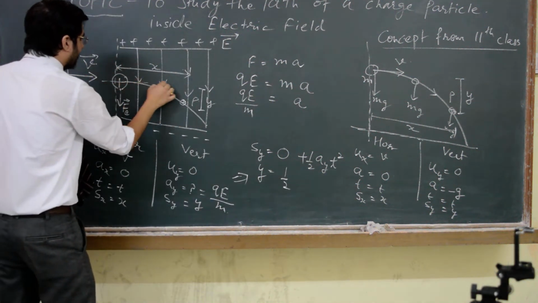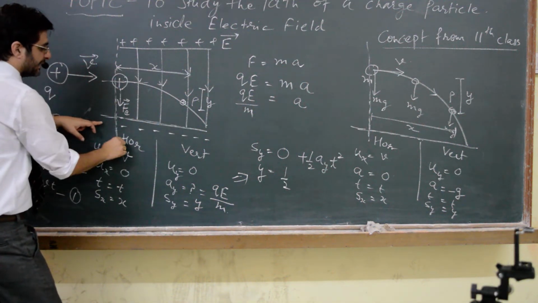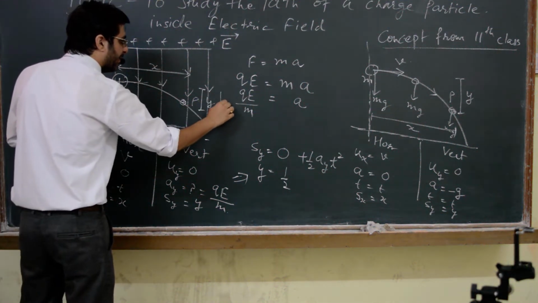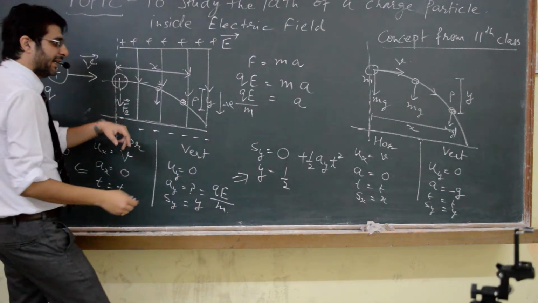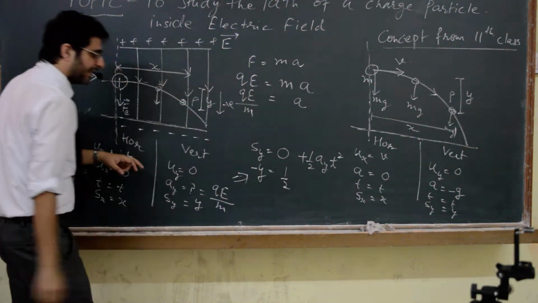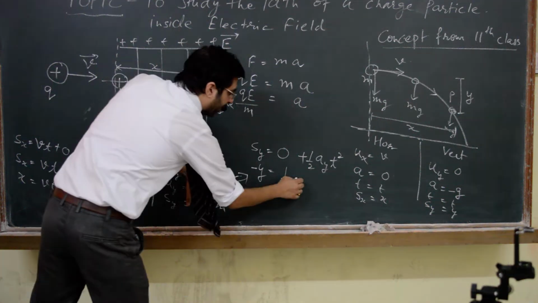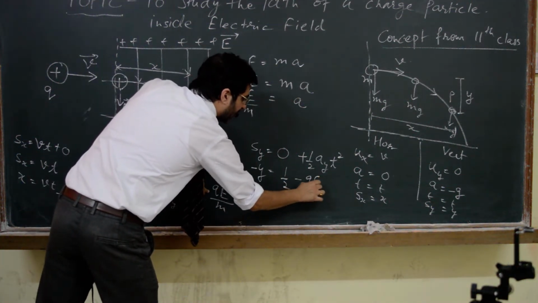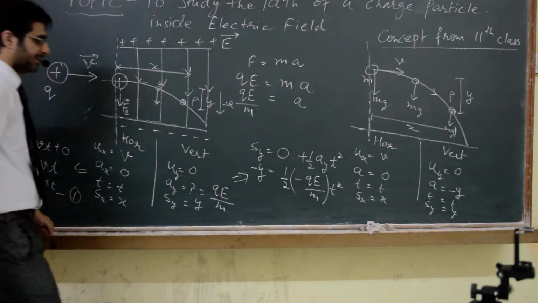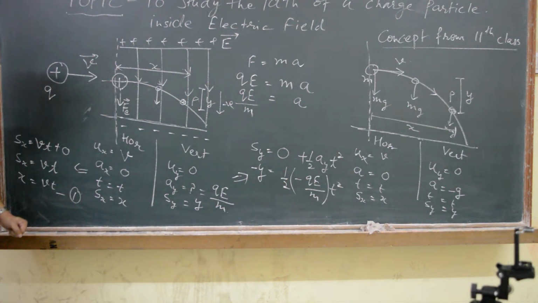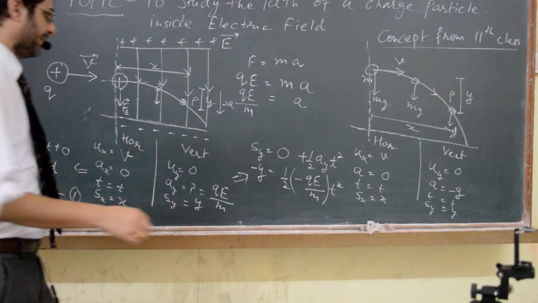If we consider this location as our frame of reference, then again the displacement will be negative and the acceleration also will be negative. That means minus y is equal to half into minus of QE by m into t square. Is it clear?